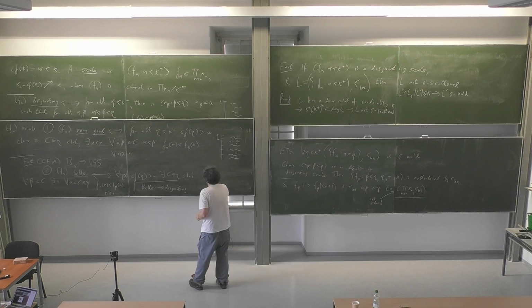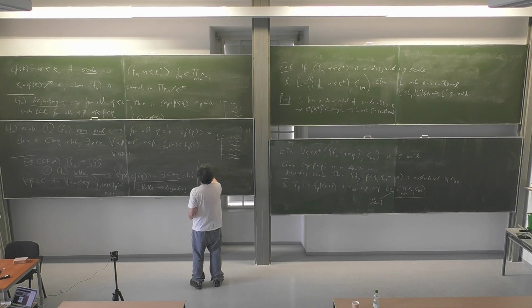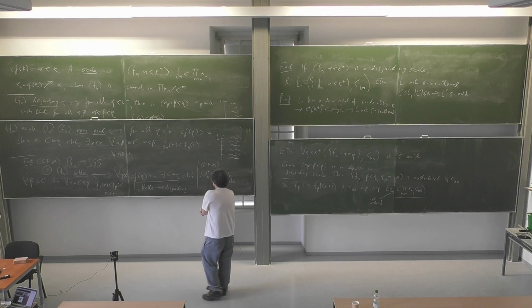And the other thing, other facts that I can now quote from the paper: weak square kappa implies there is a beta scale.